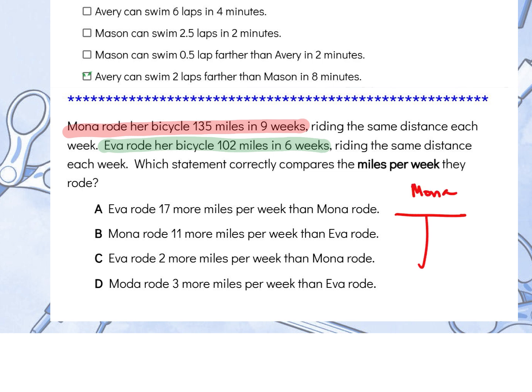So go ahead and make a T-chart on your paper as well. So we know she does 135 miles in 9 weeks. So we want to know miles per week. That means the number, oops, I didn't label it. Miles in weeks. The number of weeks needs to be a 1.